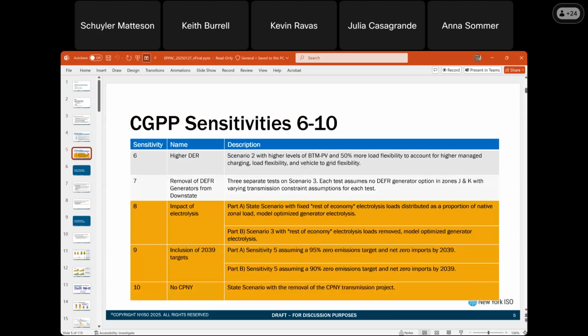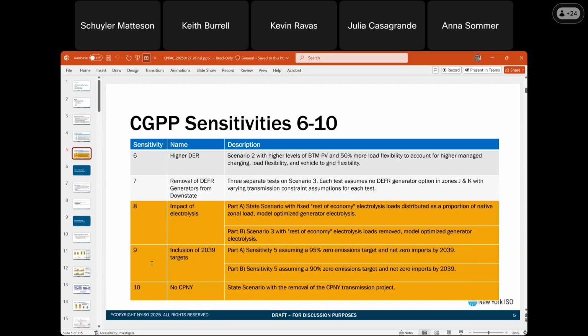And I think the most effective way to get into these results, or sorry, the assumptions, is to go over them as we come to them. So I will get into the details and descriptions of each, but just as a preliminary overview, we're doing sensitivity 8, which looks at the impact of electrolysis.